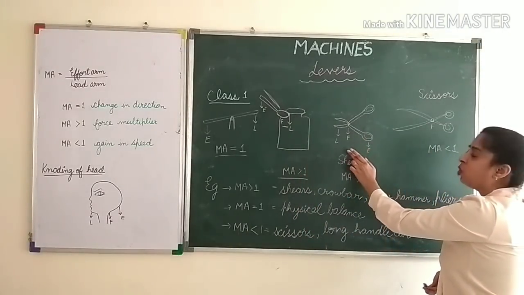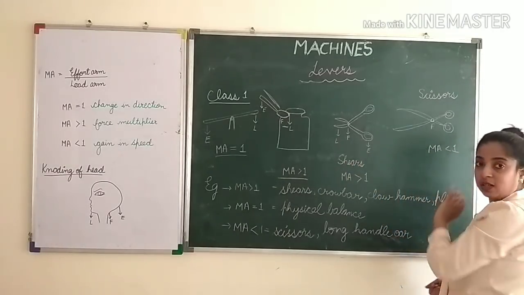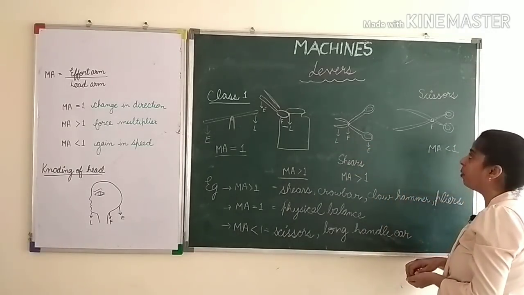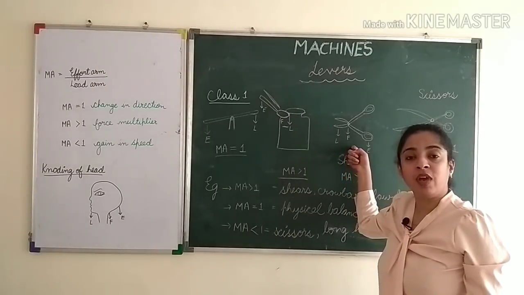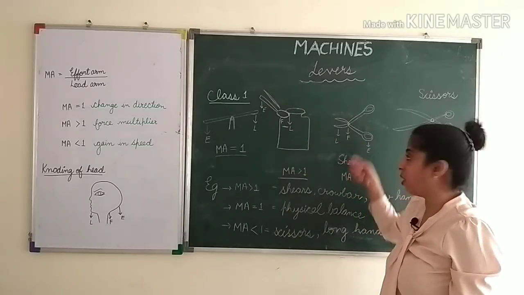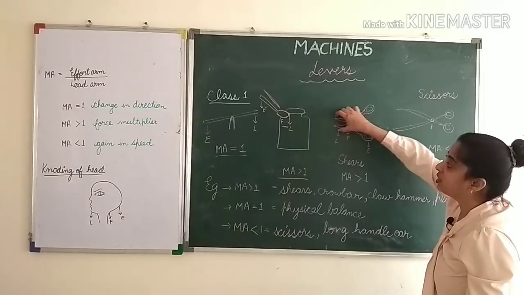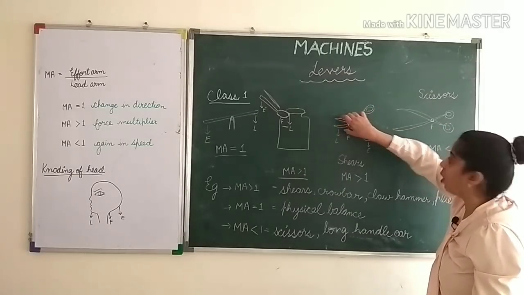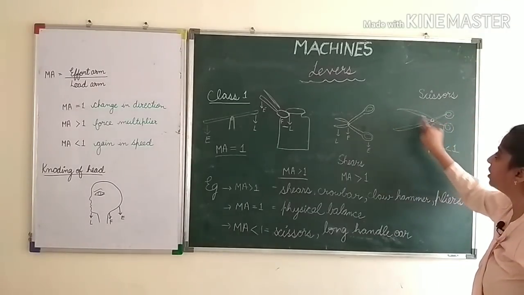Here lots of students get confused between shears and scissors. Now children, you should remember that shears is used when we want a force multiplier, when we want the lever to act as a force multiplier. So here the handles are big in shears and this arm is smaller. Whereas in scissors the handles are small and these are big.